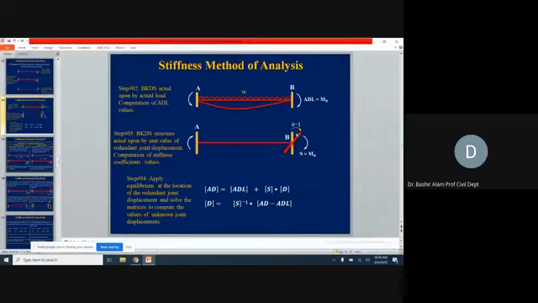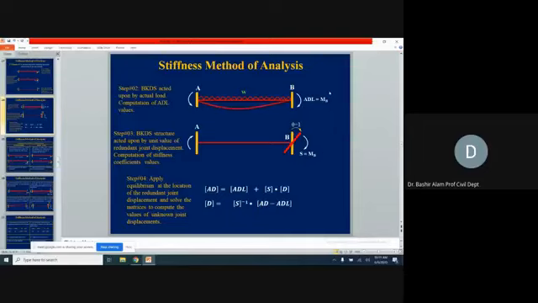We put this to the unit displacement, and whatever member actions are produced, that becomes our stiffness coefficient matrix, multiplied by the actual displacement.